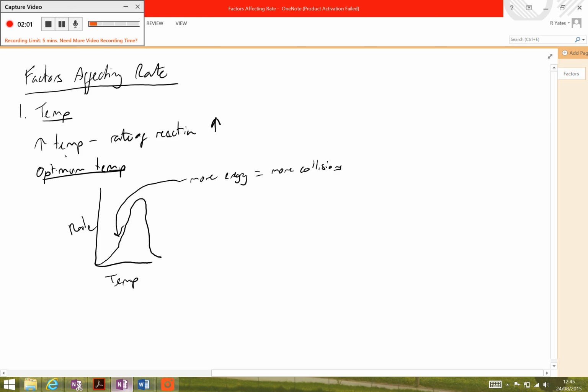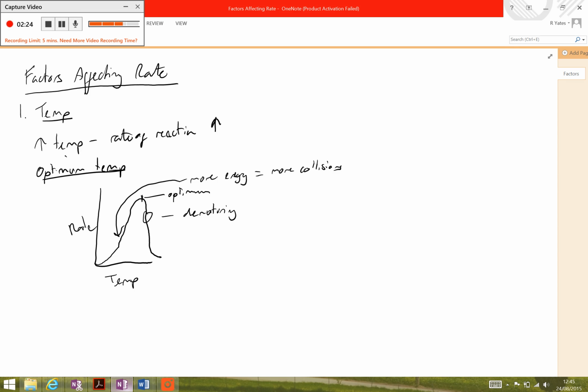However, you get to your optimum temperature, which is here, and that is when the enzymes are working at their fastest. Past this point, you get denaturing of the enzyme. That is when our hydrogen bonds will actually break.